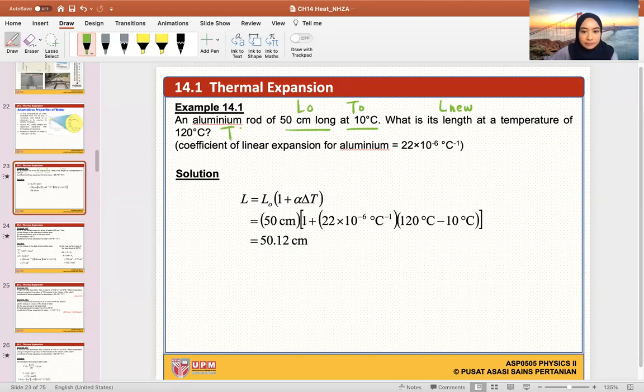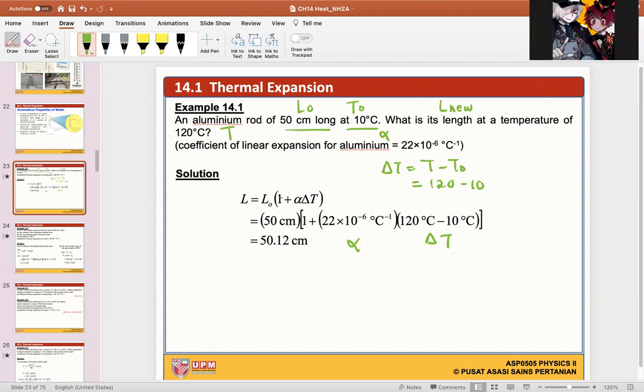So this is T. Change in T is equal to T minus T naught, so 120 minus 10 is your delta T. The coefficient of linear expansion for aluminum is 22 times 10 to the minus 6. This is your alpha. 50 centimeter is your L naught. Do I need to convert this to meter? Can I use it as is? No. Why do I not need to convert it to meter?